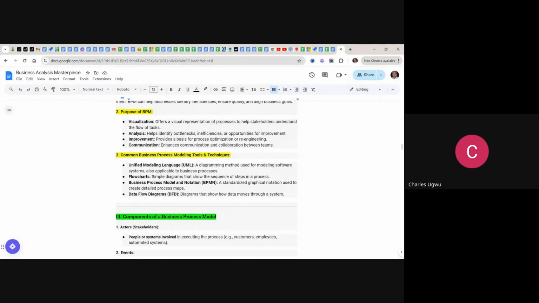We have flowcharts. A flowchart is part of the UML, a simple diagram that shows the sequence of steps in a process. We have Business Process Model and Notation, a standard graphical notation used in creating detailed process maps.